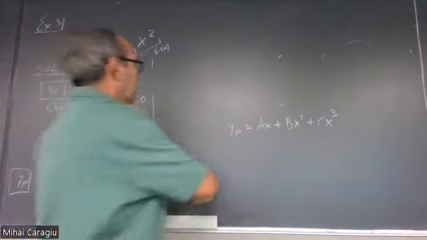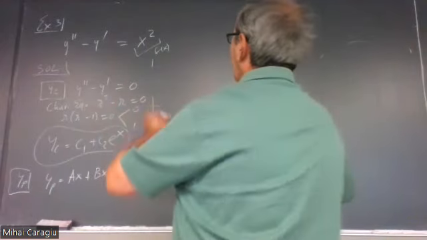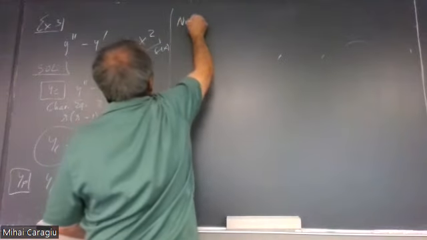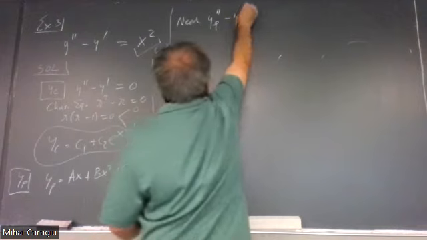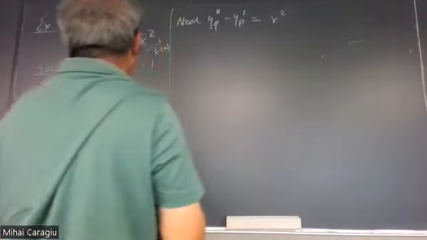Okay. What do we need? We need y sub p to satisfy the non-homogeneous differential equation. So what do we need? yp second minus yp prime equals x squared. Okay, so let's calculate derivatives.